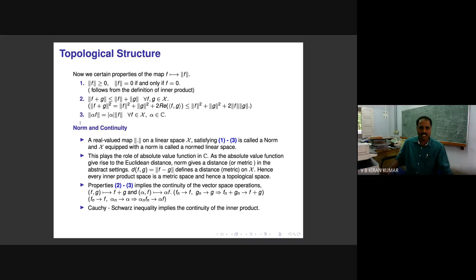That means this is a very important thing. See, in a vector space, you have algebraic operations, vector addition and scalar multiplication. And this gives you continuity quite naturally. If you have a norm, then these operations are continuous. That's the consequence of these 2 and 3. Now, using the Cauchy-Schwarz inequality, you can also prove the continuity of the inner product. That is also important.